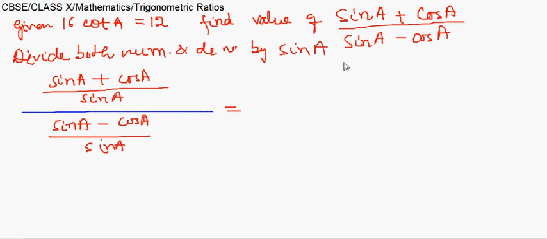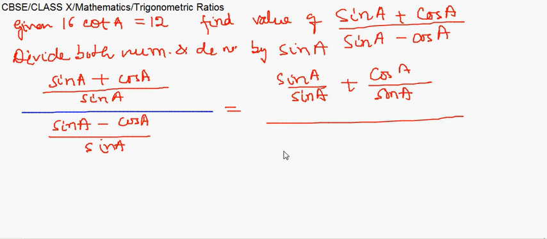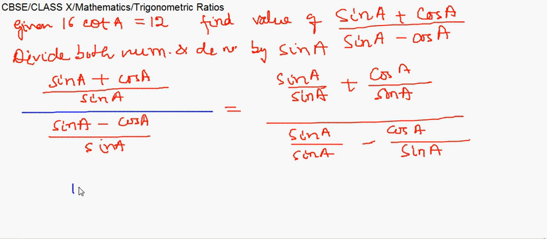Here it makes it sine A by sine A plus cos A by sine A. Here it is sine A, same thing will remain only with the change in the symbol, so that is cos A by sine A. Now, if you see, it becomes 1 plus cot A by 1 minus cot A.